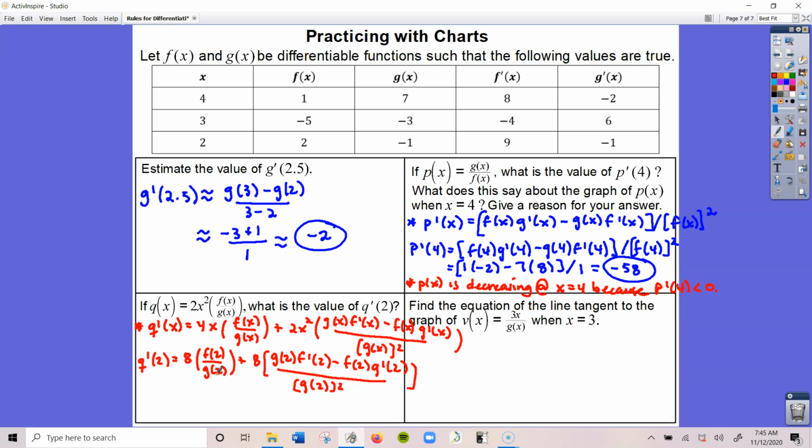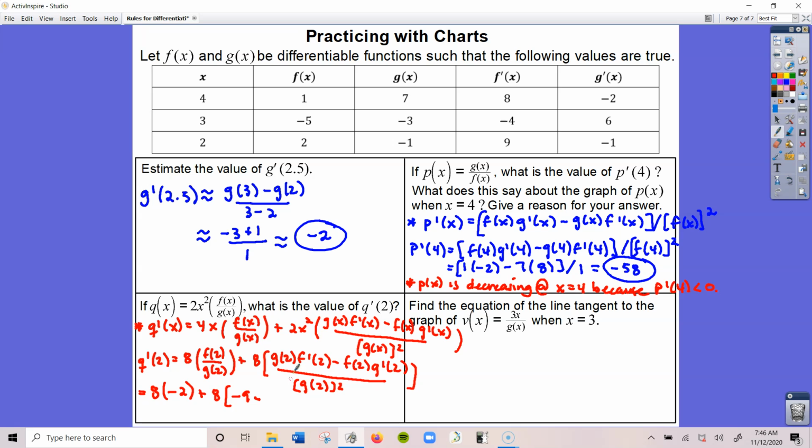Okay, so now let's plug in these values so we can get our actual numerical answer. So we have this 8, f of 2 is 2, over g of 2, which is negative 1. So 2 divided by negative 1 is negative 2, plus 8 times, now g of 2, negative 1, times f prime of 2, which is 9, so negative 9, minus f of 2, which is 2, times g prime of 2, which is also negative 1.